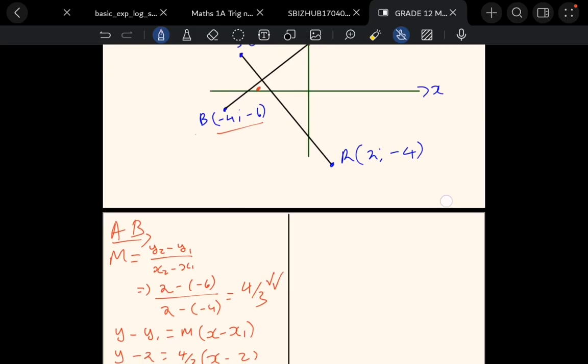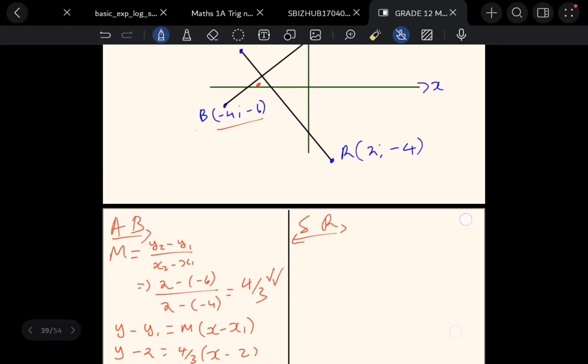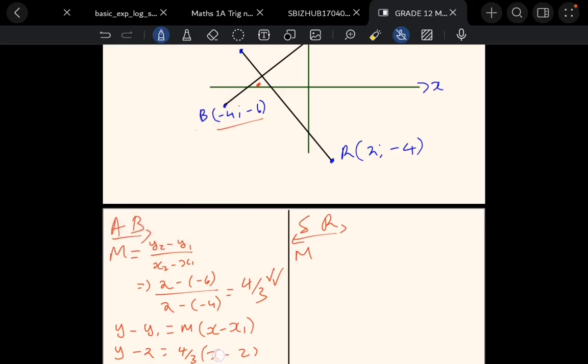Now let us find the equation of SR. To find the equation of SR, I will first find the gradient of SR. Another thing that you need to know, whenever you are going to find the gradient, always use a subscript, m_SR, to specify that this is the gradient for only SR. So the gradient is the change in y over the change in x, which is y2 minus y1 over x2 minus x1.